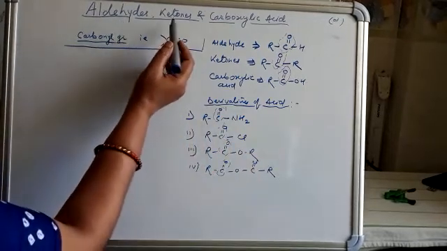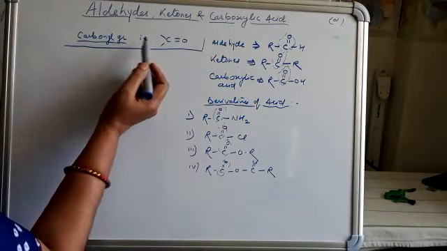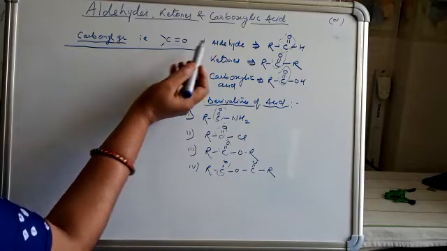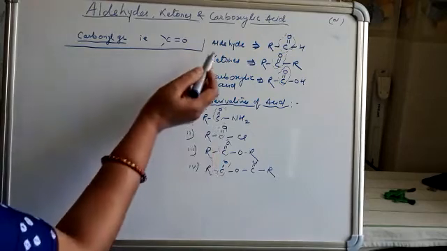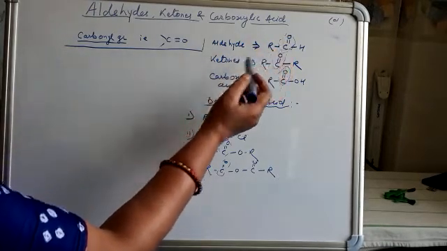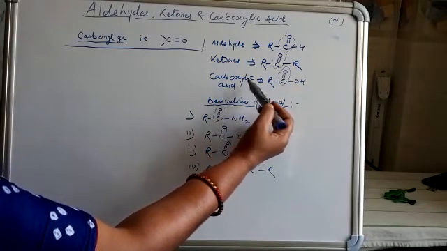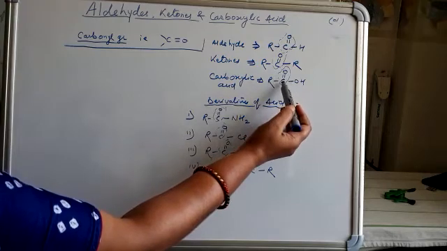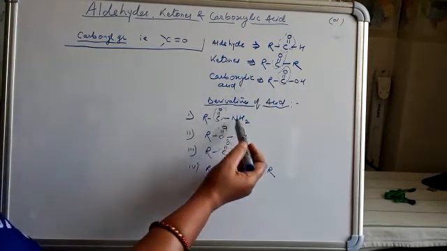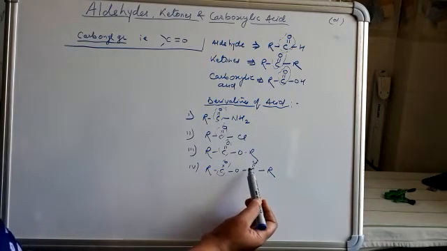So aldehyde, ketone and acid are commonly known as the carbonyl group because the carbon-oxygen double bond is present. Aldehyde has a carbon-oxygen double bond, ketones also, and carboxylic acid also. And the derivatives of carboxylic acid are acid amide, acid chloride, esters and acid anhydride.